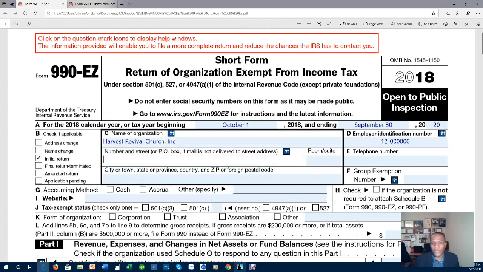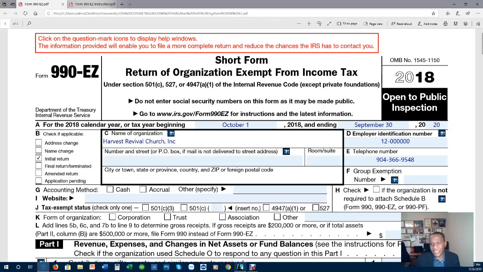Then you would enter your address or PO box, your number and street address. If there's a suite, you'll indicate it, and then your phone number here. Then city, town, and zip code in that section.